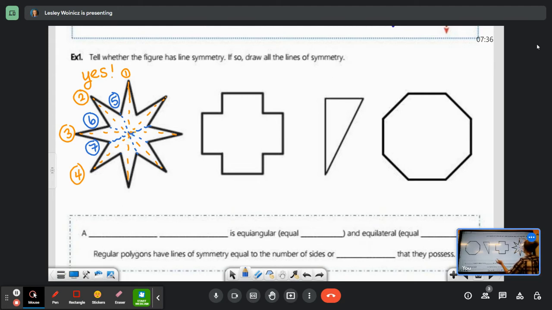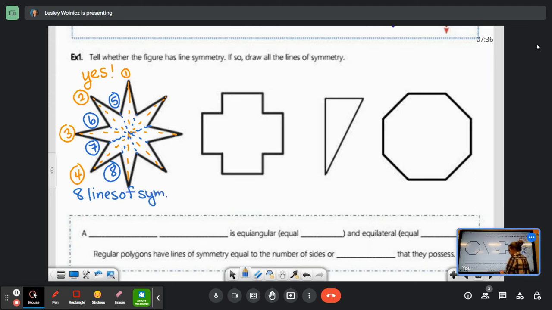Okay, here's 8. Now if you count the points on this star, it's got 8 points, so it shouldn't be that much of a surprise that it has 8 lines of symmetry.